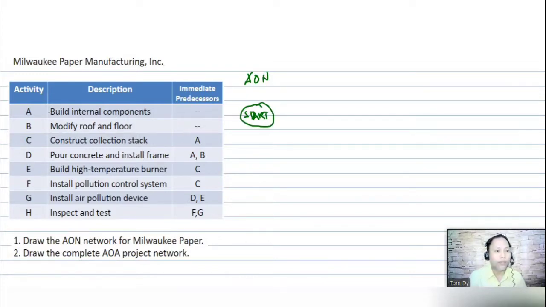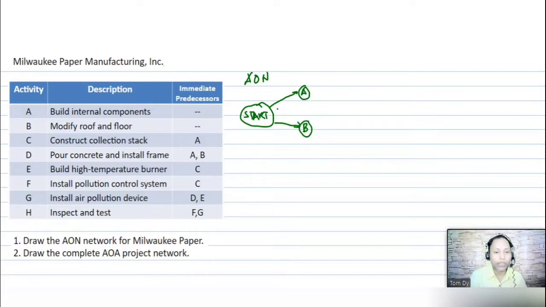And then for activities A and B, there is no immediate predecessor, so we will write here A, and then we write here B. I will write here an arrow connecting to A and then connecting to B.